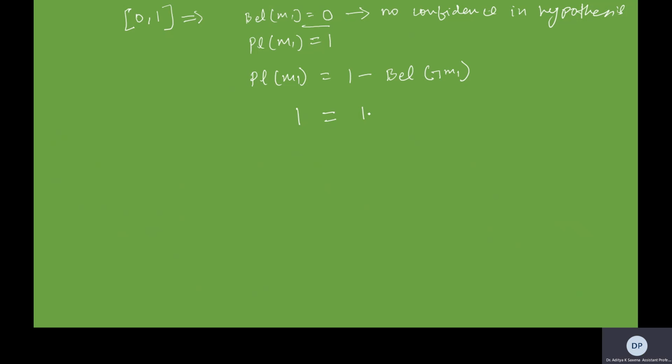So, 1 minus belief of negation of M1 is 1, therefore belief of negation of M1 will be 0. Belief of M1 will be 0 here too.